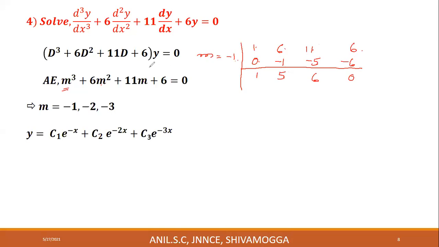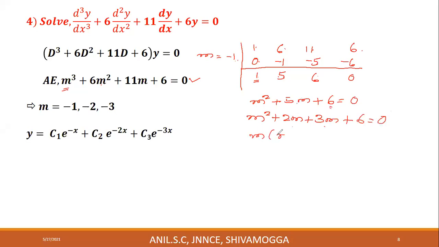Therefore, this cubic equation is reduced into a quadratic equation. This is the m square coefficient. 1 into m square is m square, plus 5m plus 6 equal to 0. Rest is very simple. You can easily factorize this. m square, how do you write this? m square plus 2m plus 3m plus 6 equal to 0. 2m plus 3m is 5m. 2 into 3 is 6. And here, take m as common factor.